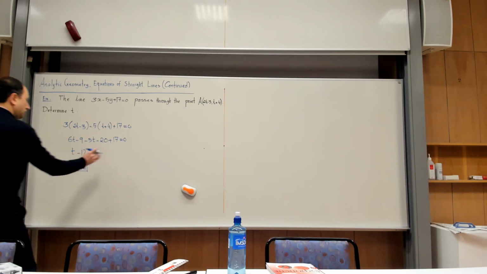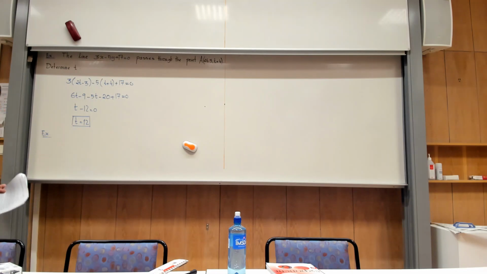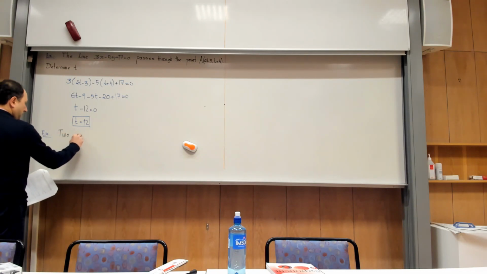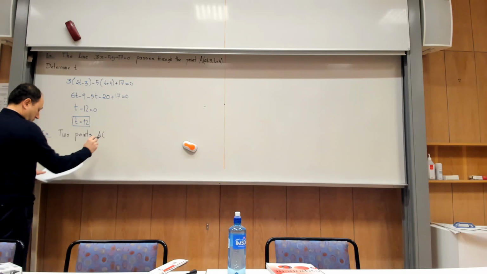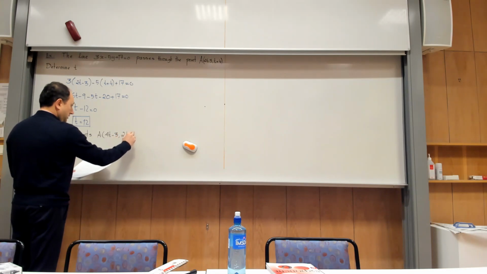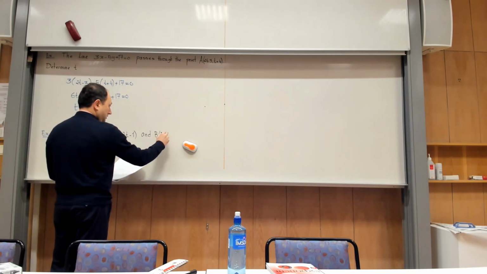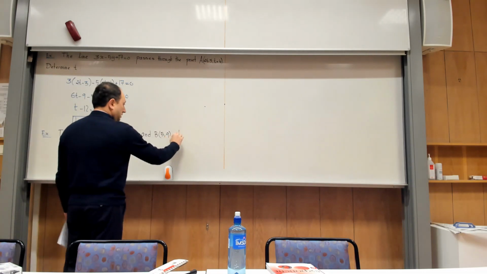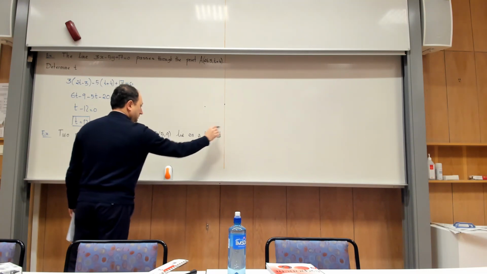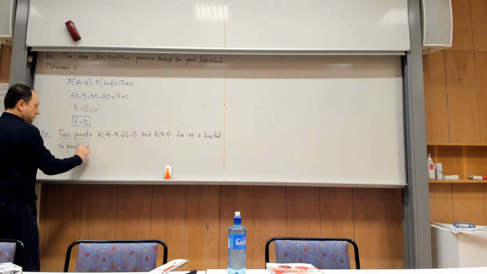So let me ask you another question. Two points, A with coordinates 4t minus 3 and 2t minus 1, and B with coordinates 5 and 9, lie on a line that is parallel to the x-axis.